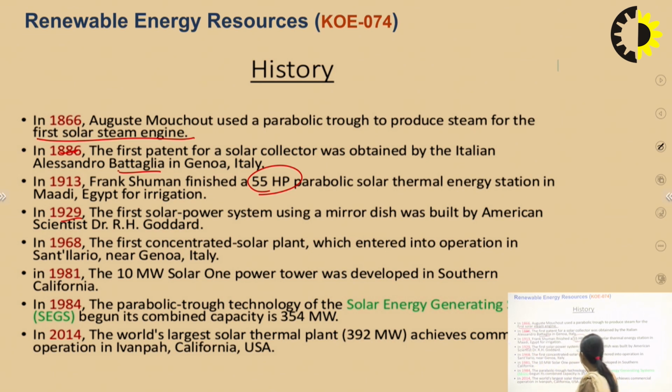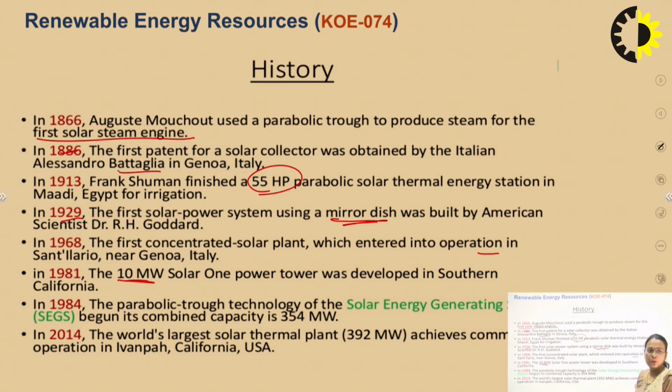In 1929, the first solar power system using a mirror dish was built by American scientist Dr. R.H. Goddard, right. In 1968, the first concentrated solar power plant entered into operation in Italy, right. In 1981, a 10 megawatt solar power tower was developed in Southern California, right.